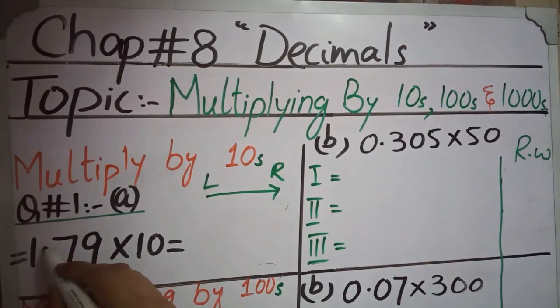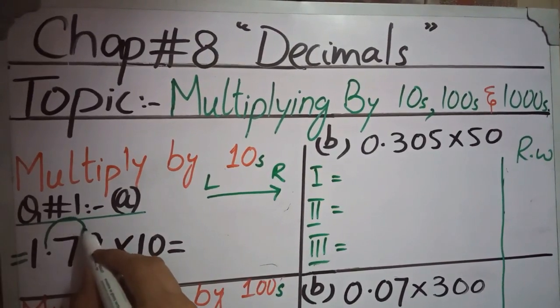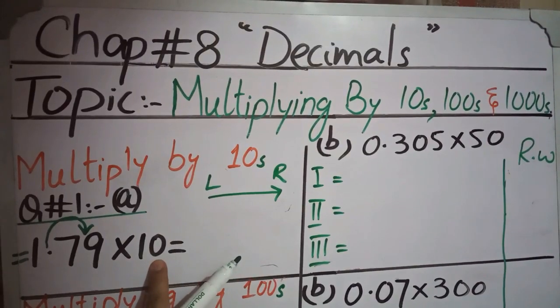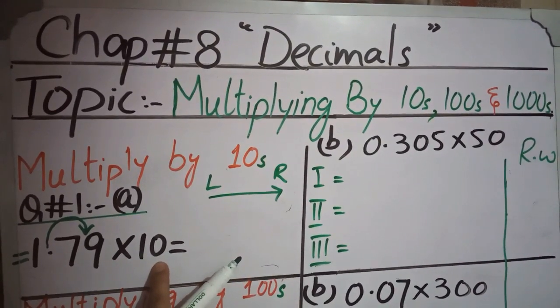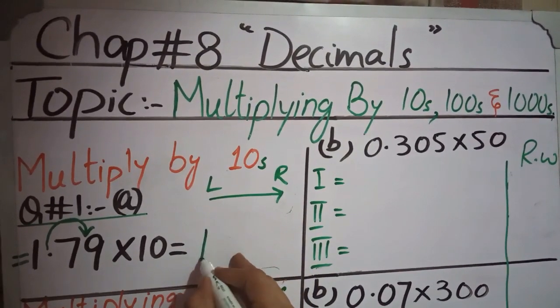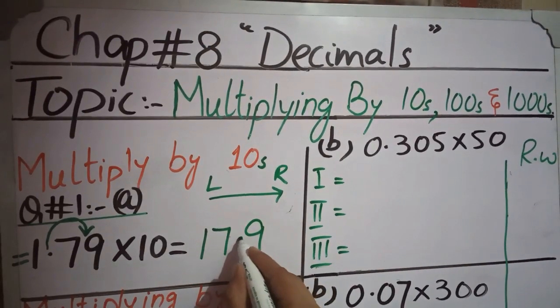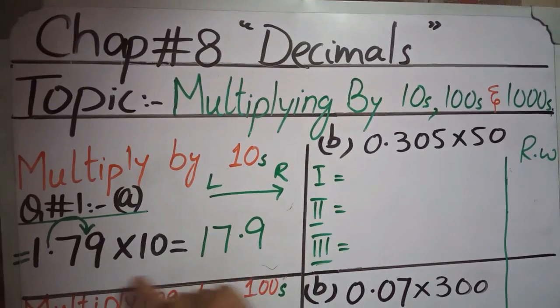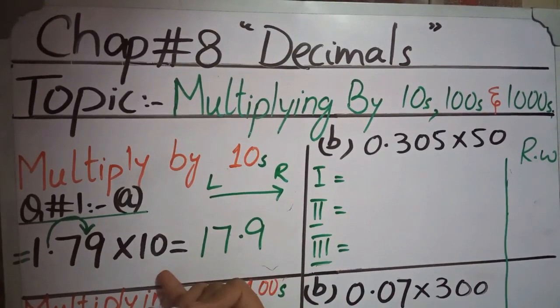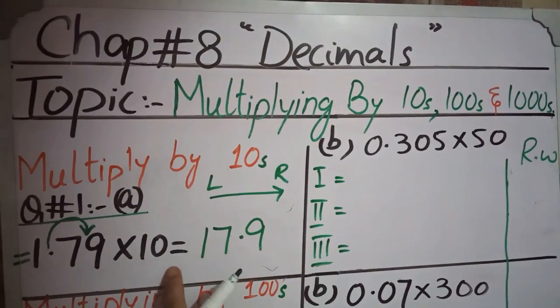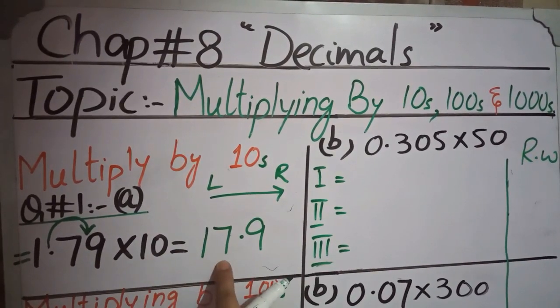We will move this decimal point once toward the right, because 10 has one zero in it. The number will become 17.9. It is a one-step question. Whenever we multiply by only 1 and 0 digits, you have to do the question in one step.